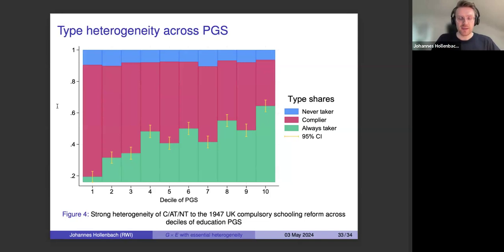And also then related to us having power problems. What I would say about the share of never takers not changing is that polygenic score, how I understand it, would mostly affect always taker and complier status, because basically never takers cannot be moved to choose education regardless of the instrument.